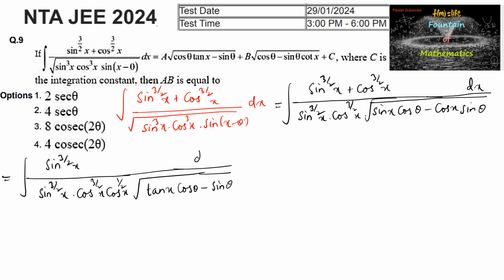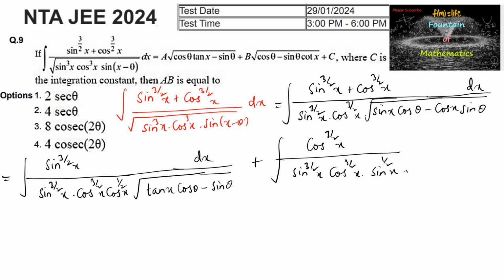This is one integral dx, and again plus integral cos power 3 by 2 x upon sin power 3 by 2 x cos power 3 by 2 x. Let me take sin x common, that is sin power 1 by 2 x common. So we will be getting in the root cos theta minus cos by sin, which is cot x sin theta dx.